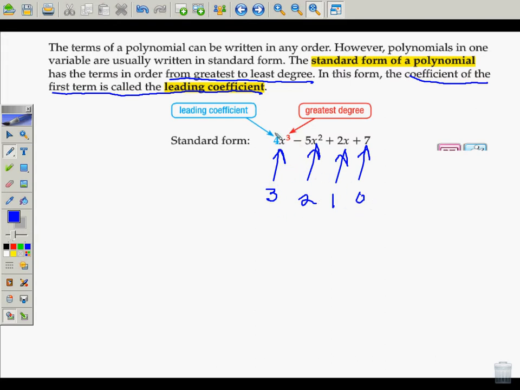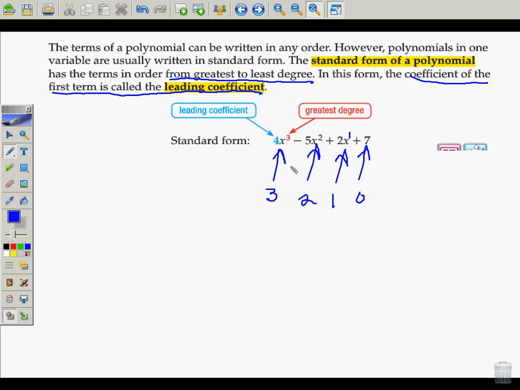4x cubed had the degree of 3. Remember, you look at the exponent of the variable to see what the degree is. And if it has no variable, the degree is 0. So they're in order of degree, which makes it in standard form. The greatest degree is always going to be your first term.